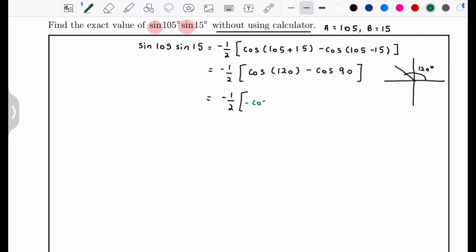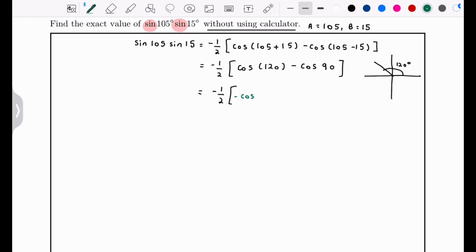So negative cos. And for the angle, we're just going to take the reference angle. So in the second quadrant, this is the reference angle. How to get the reference angle? 180 minus 120 degree. Minus cos 90. Simplify, we get negative 1 over 2 times negative cos 60 minus cos 90.